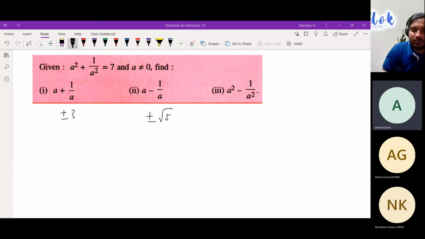You can also try the third one because it's slightly different. It's not different actually. But Akshat, you have to use these two answers. I'm curious about what sign you might get. Okay, so let's see. Plus minus root 3 into plus minus root 5. So what will be the answer?